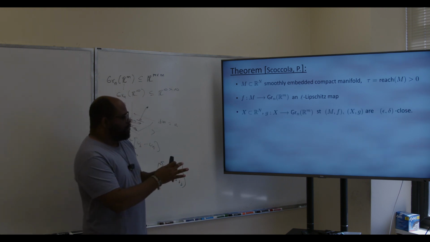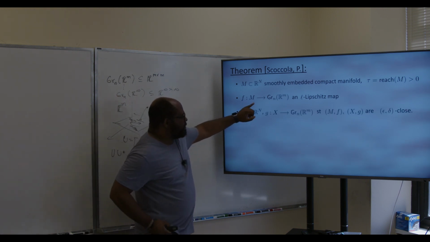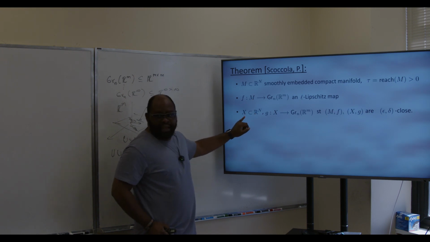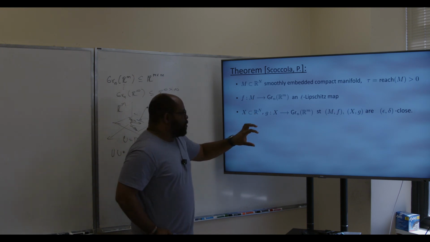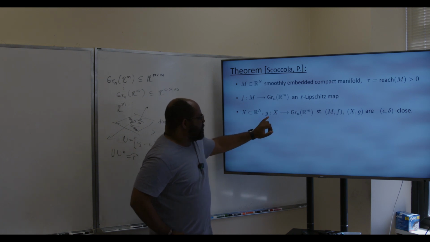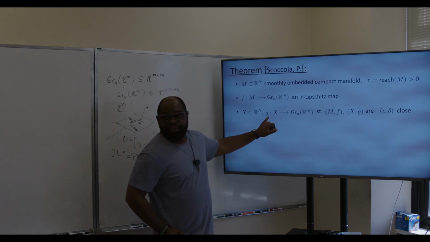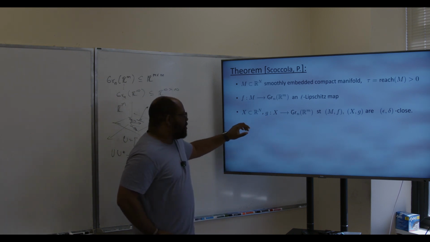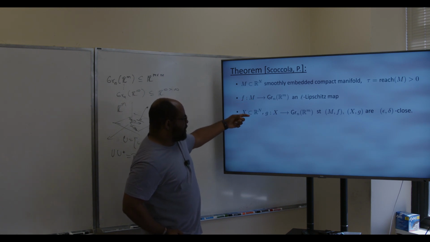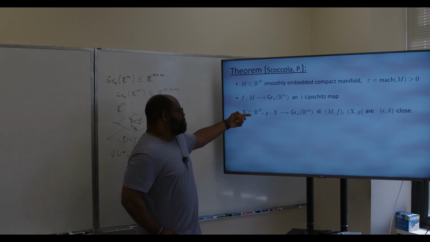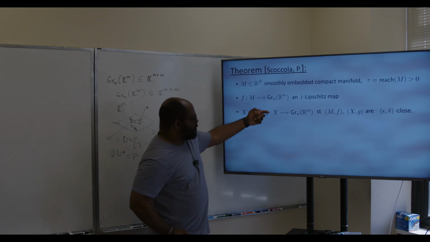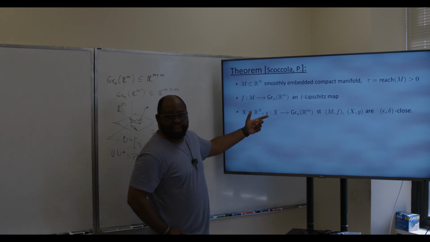Now what I'm going to do is approximate the manifold M with a point cloud X, and wiggle the map F to some other map G. So not only am I giving you the manifold in terms of imperfect data, but I'm giving you the vector bundle in terms of a map that is also imperfect.